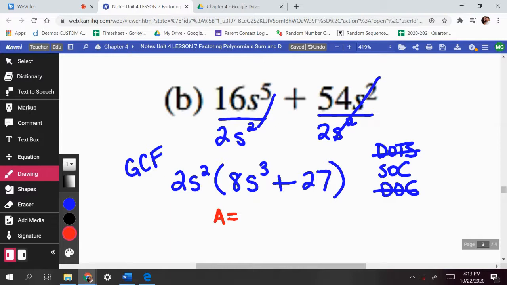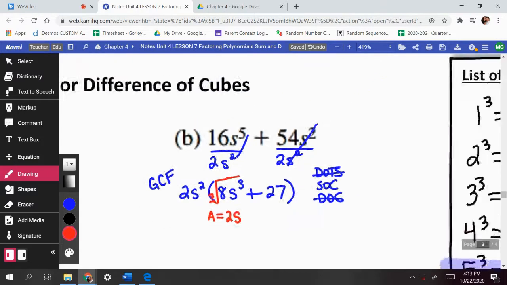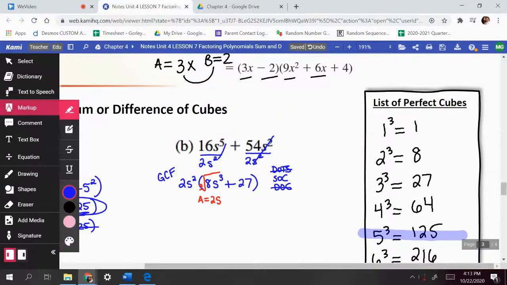What's 8 a perfect cube of? Or what's the cube root of 8? That would be 2 times 2 times 2 is 8. What's the cube root of s cubed, or what is s a perfect cube of? S. Okay. If you're not sure about the constant, go over here to our little chart, and you can see that 8 is a perfect cube of 2.